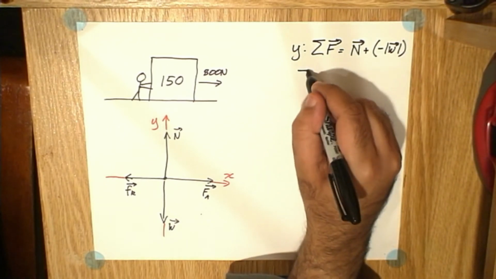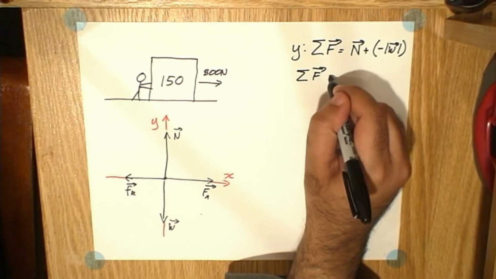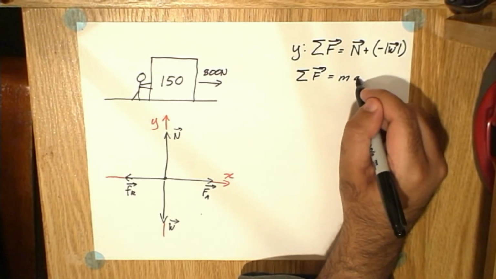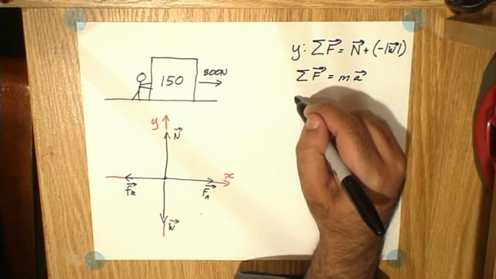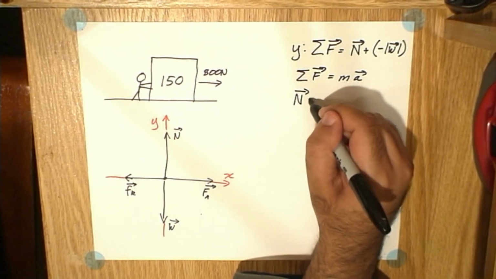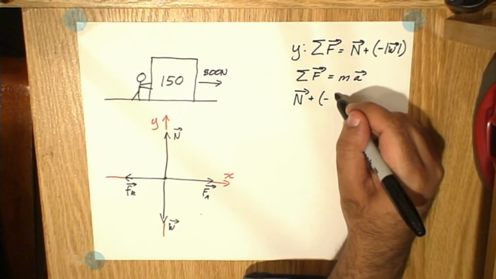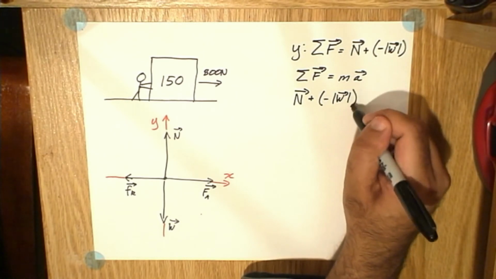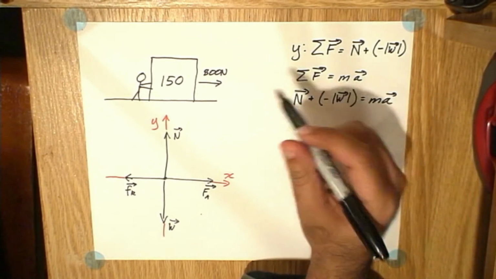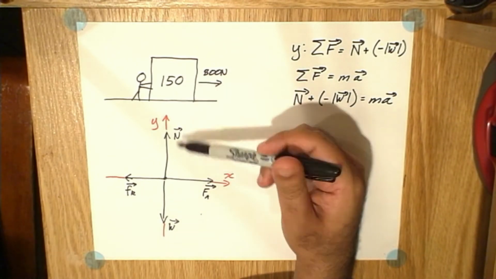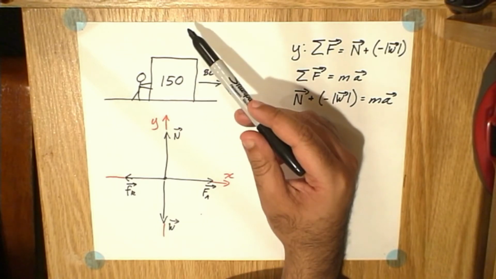So this total force is equal to mass times acceleration in the y direction. So now we can combine these two and we can say that normal plus negative weight is equal to mass times acceleration. Now again, this object is not collapsing into the floor and it's not levitating off the floor.